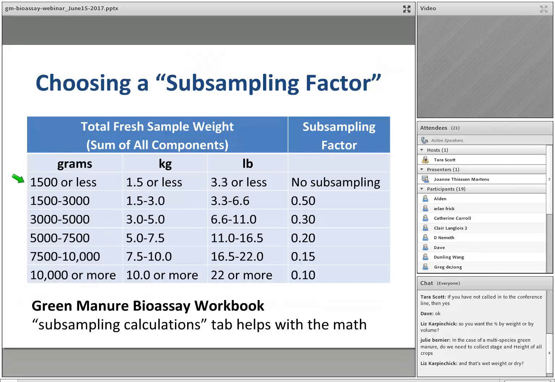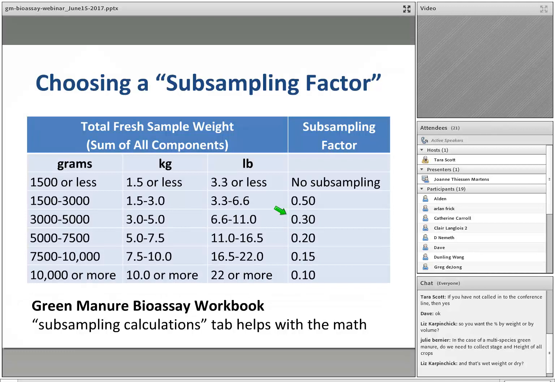Now, the key to that then is that this factor applies to each component of your sample. So let's say we're using this one where we had, for example, 4,000 grams of sample. You would take 30%, 0.3 of the legume weight, and you would take 30% or 0.3 of the non-legume and 30% or 0.3 of the weed.